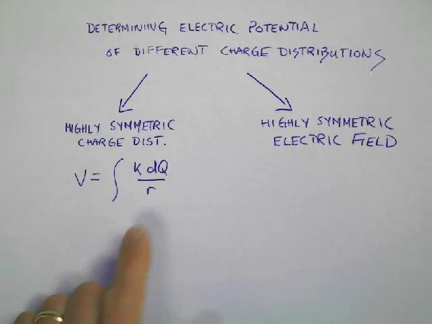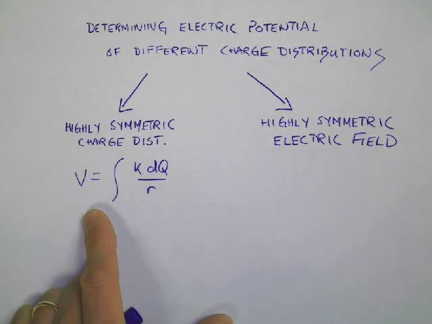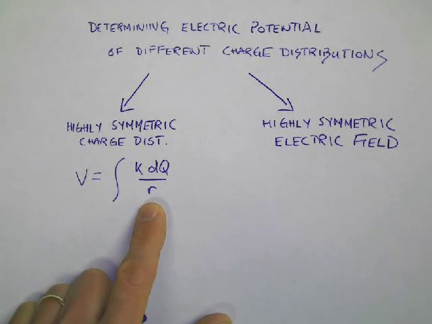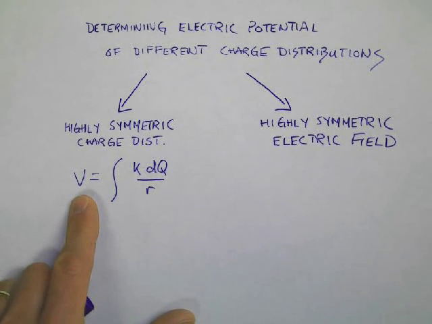And you should recognize that the expression inside the integral is the electric potential for a single point charge. So when we take an integral of that expression, we're going to be adding up the contributions of a large number of point charges to find the total electric potential.